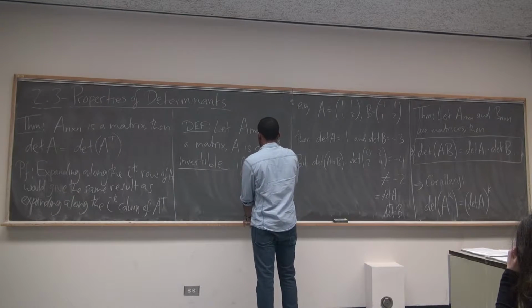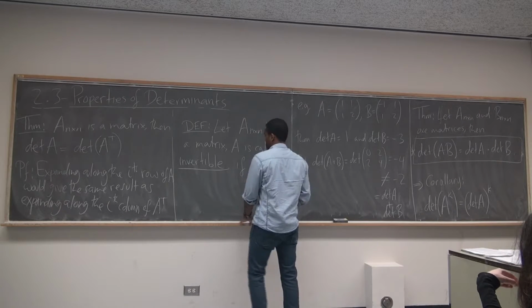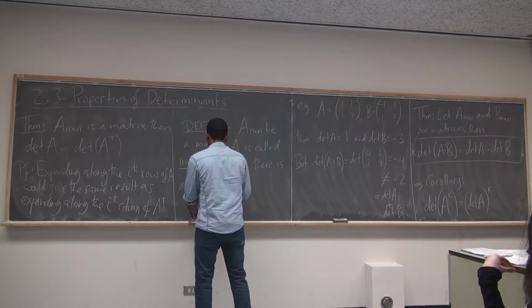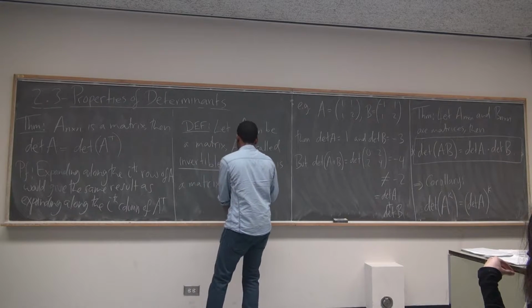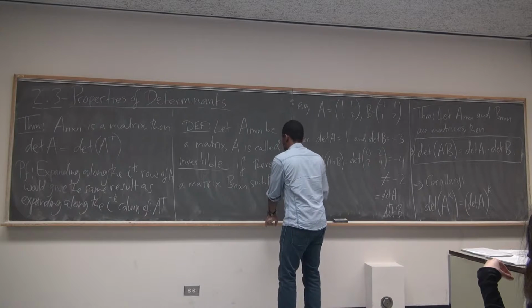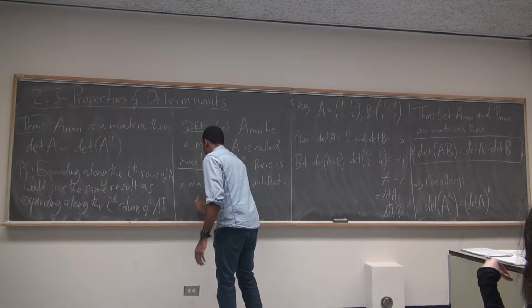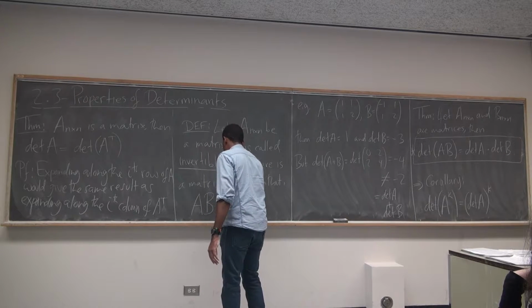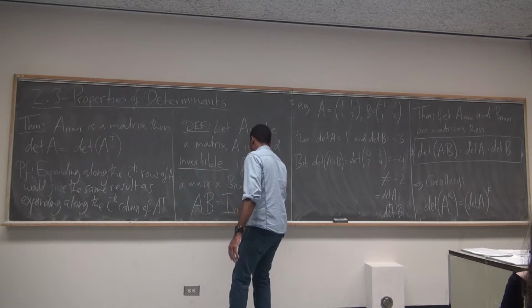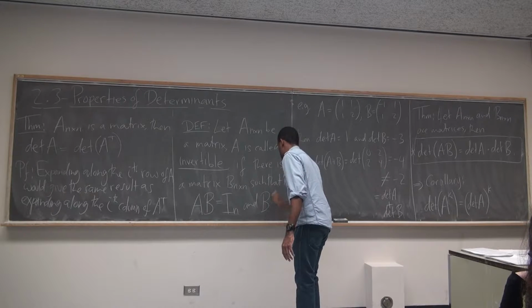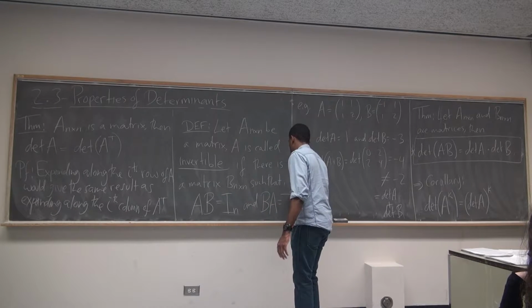A is called invertible if there is a matrix B, n by n, such that A times B is equal to the identity and B times A is equal to the identity.